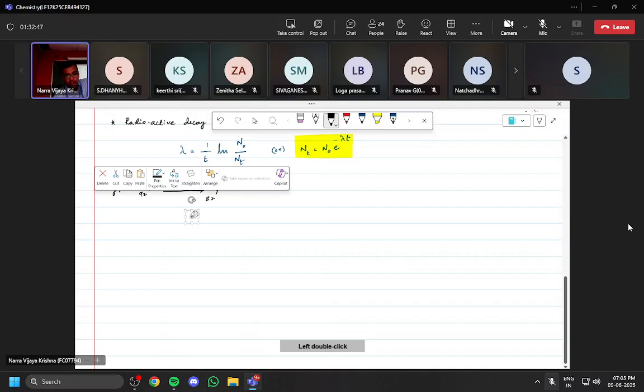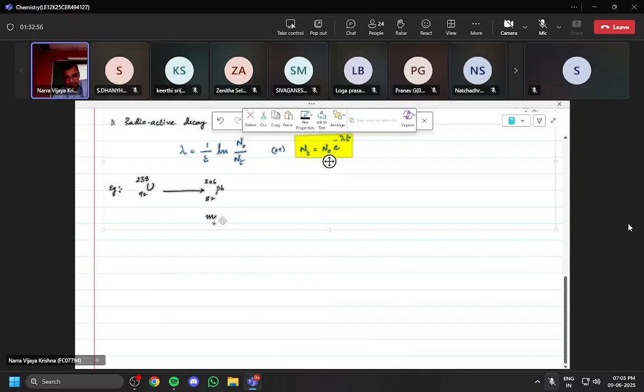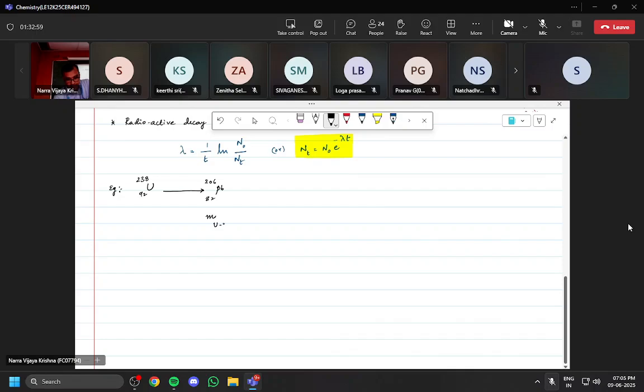If I find mass of uranium-238 divided by 238, what you will get? Number of moles, right? If you get 1 mole of lead, it means 1 mole of uranium is gone, correct? So for that I am adding mass of lead-206 upon 206.